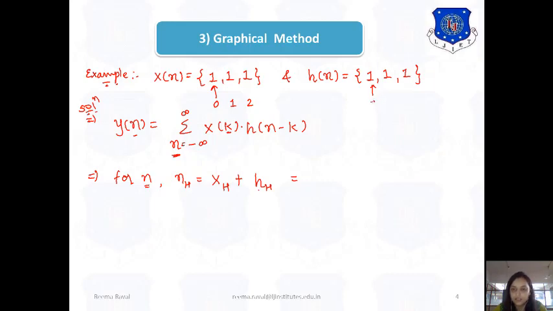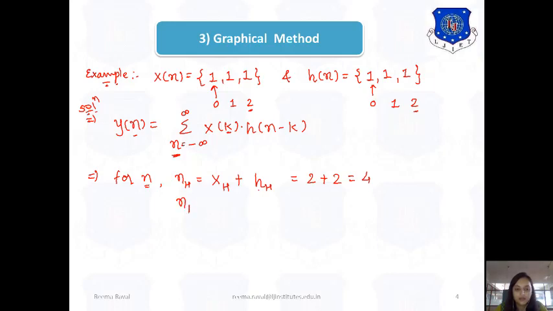Similarly over here, the arrow indicates n equals 0, this indicates n equals 1, and this indicates n equals 2. So for x of n the higher range is 2, and for h of n the higher range is 2, so that gives 2 plus 2 equals 4.